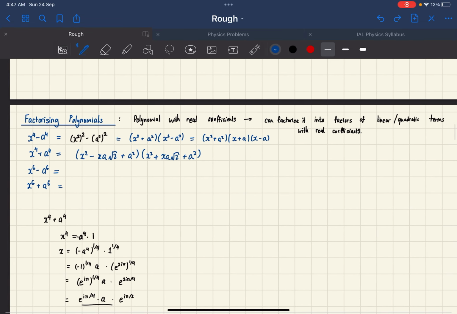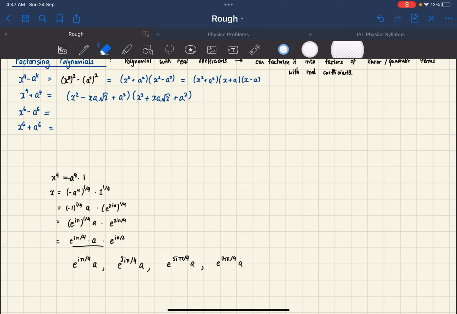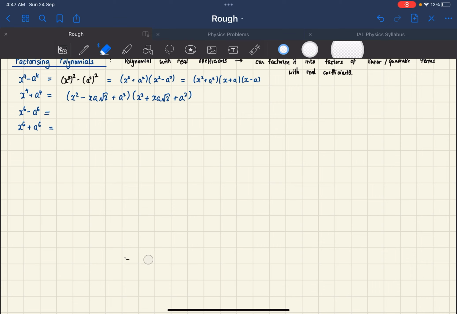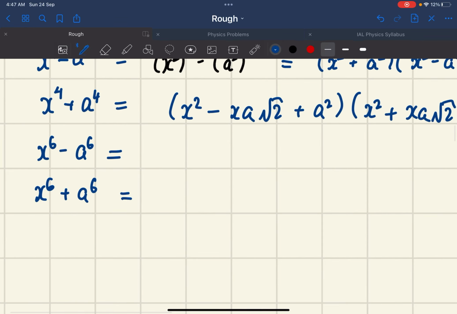Let's do some more practice. Just to illustrate what I mean, here you go, this is another one, x to the 6 minus a to the 6. Well, why not use difference of two squares again?